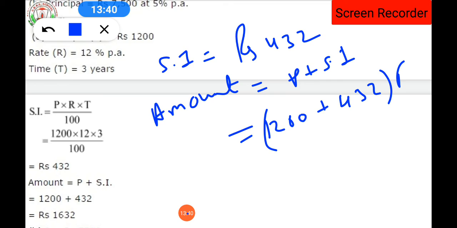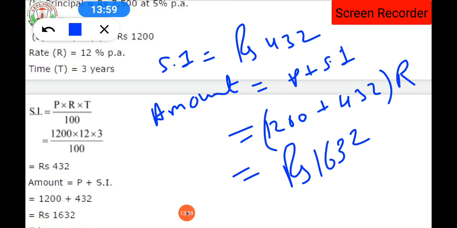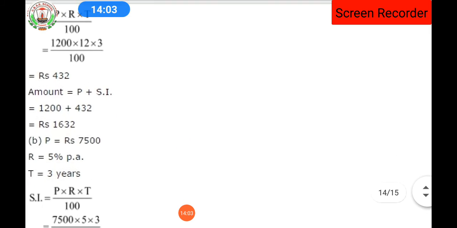So what is the formula for amount? Amount is equal to principal plus simple interest. We are going to add the numbers. We will get the required answer as rupees 1632. So clear everyone?